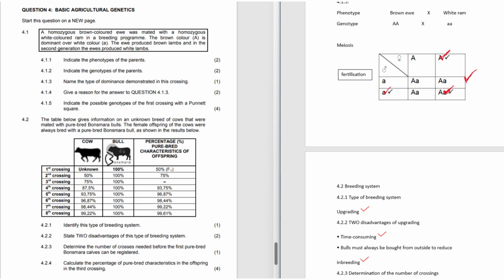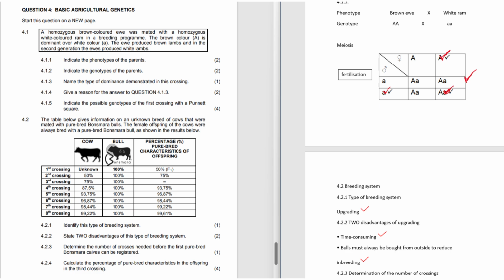And go to the third box, then capital letter A and the small letter a gives us a heterozygous condition, an offspring with capital letter A and a small letter a.